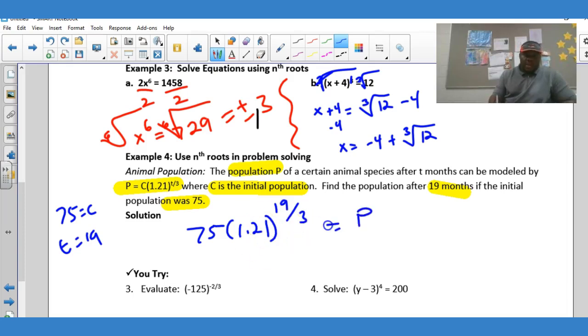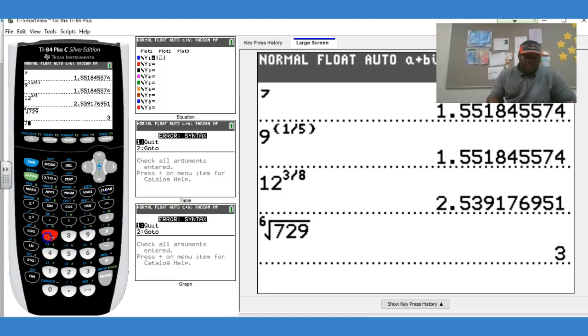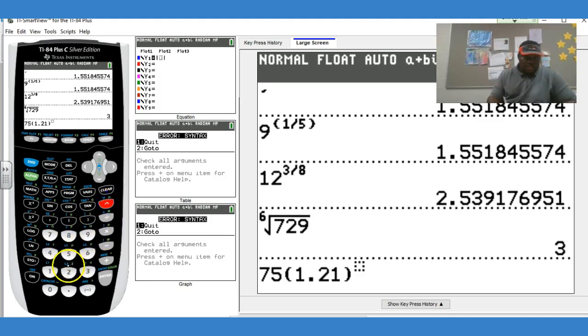So now all we've got to do is find P, find the population. So I solved this right here: 75 times 1.21 raised to the 19 over 3. When I do that, you have 75 times 1.21 raised to the 19 divided by 3.